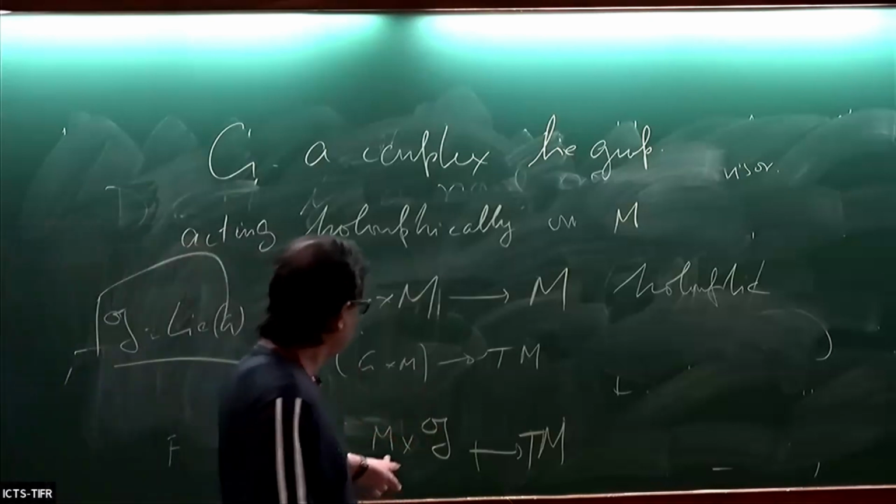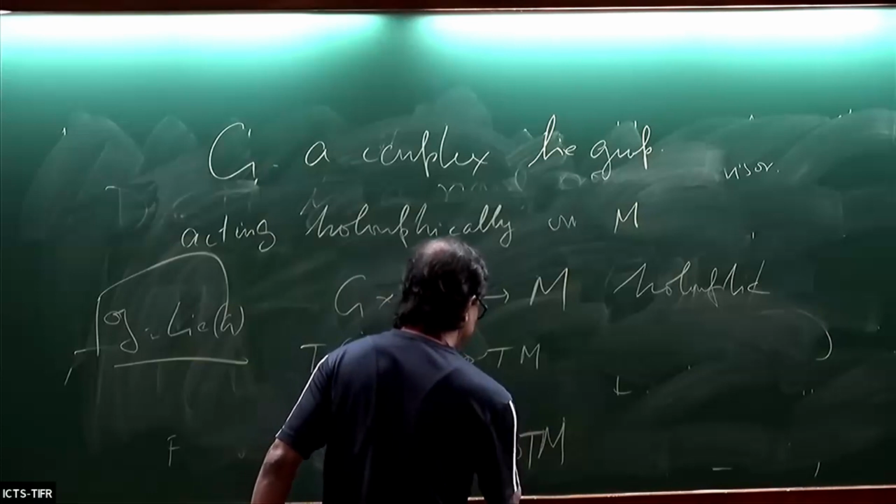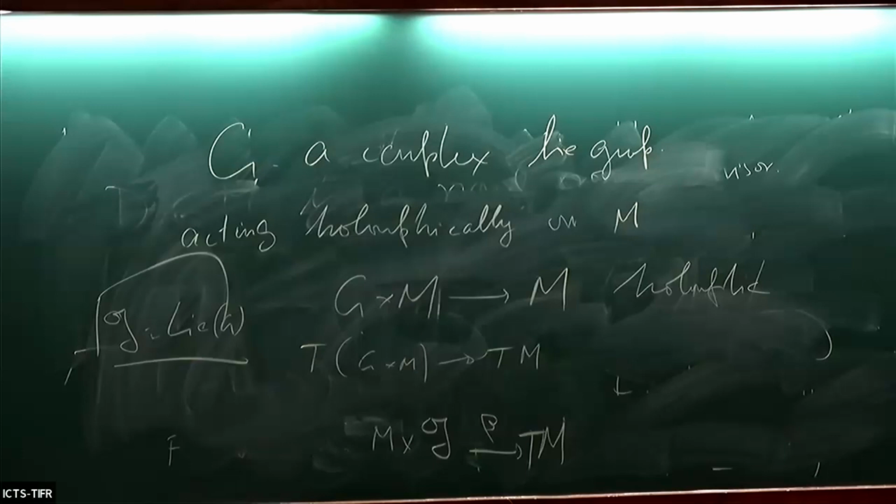So now once you have this map, let's give it a name, beta, given by the action. We can modify the Atiyah exact sequence.